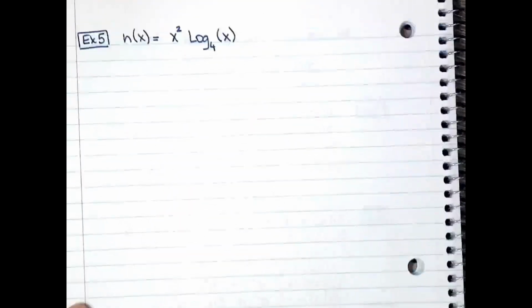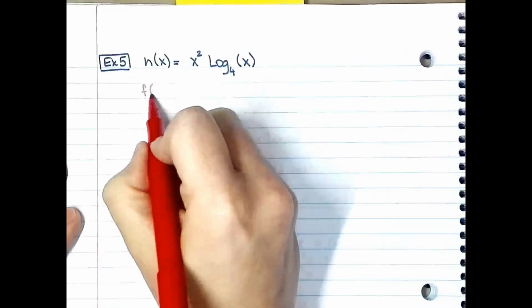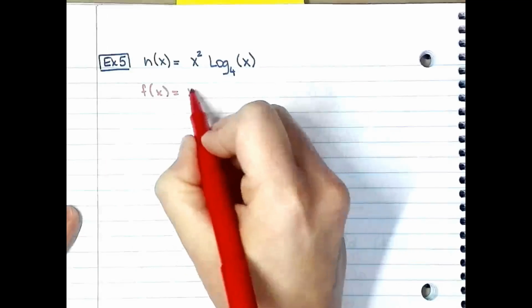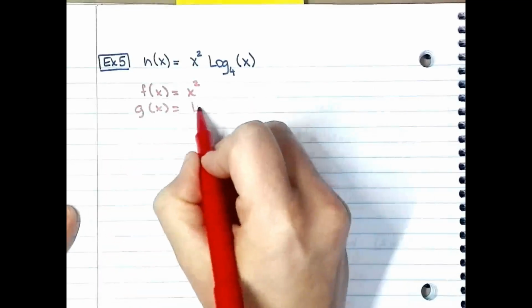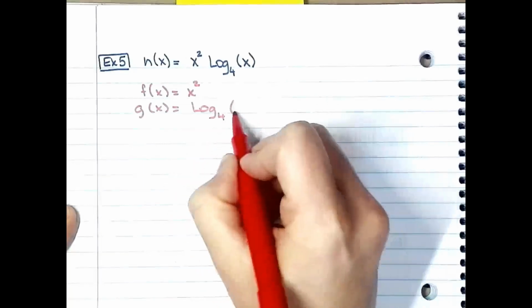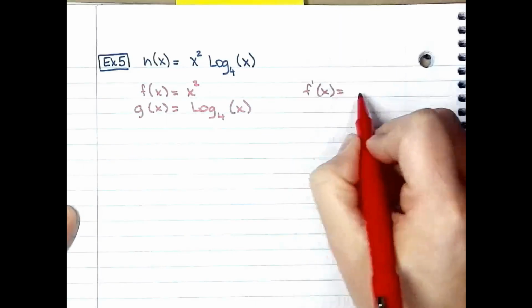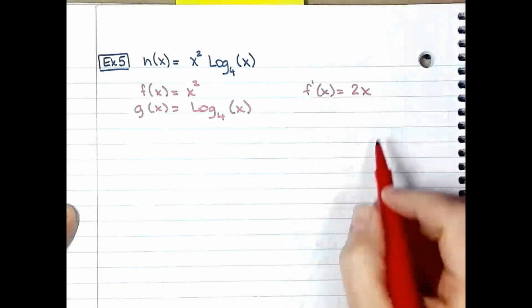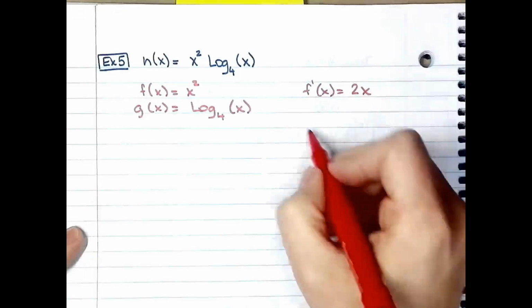One more just because. Okay. F of x is x squared. G of x. Now log base 4 of x. F prime, 2x. If you want to choose to write the 1 here, you can. It's not wrong. It just looks funny.